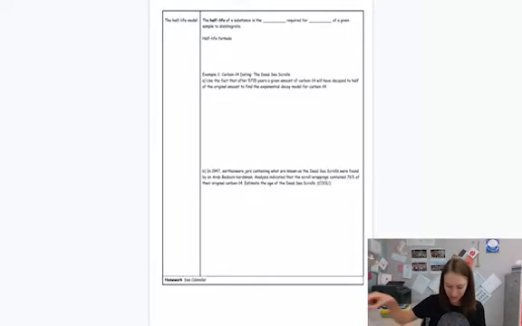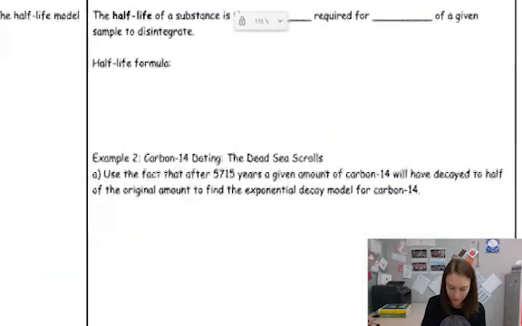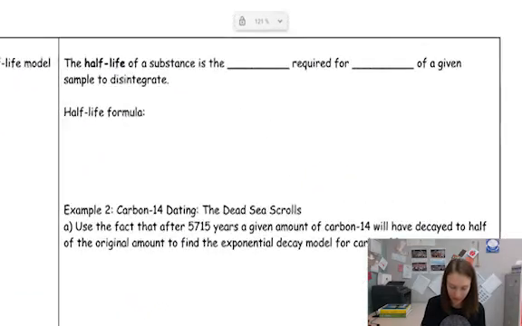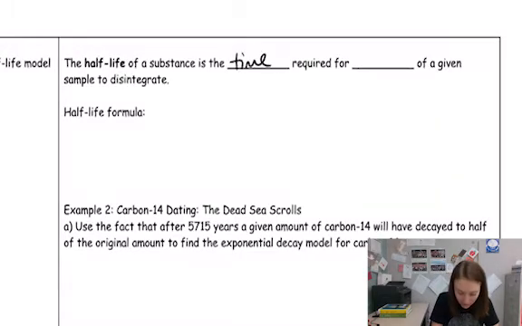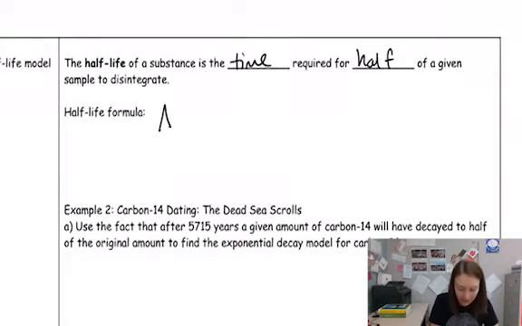Next page, we have a half-life example here. Half-life is super cool. The half-life of a substance is the time it takes, or that's required, for half of a given sample to disintegrate. The half-life formula, I don't want you to use a new formula.